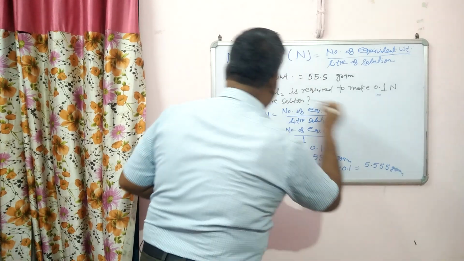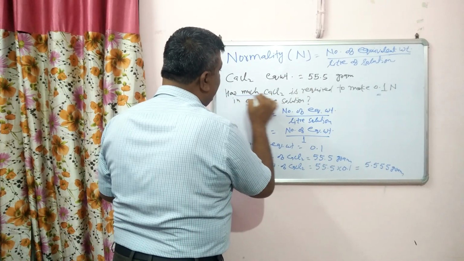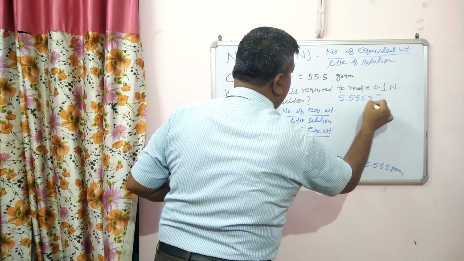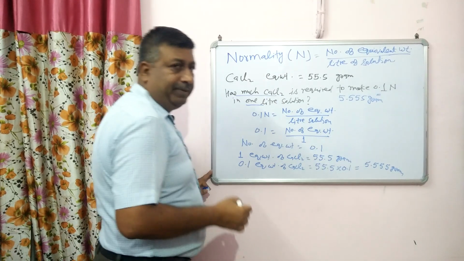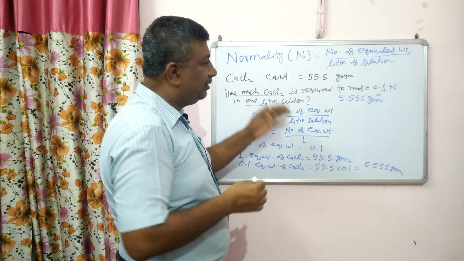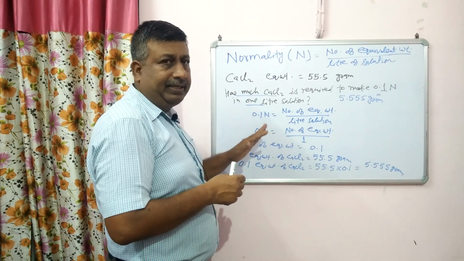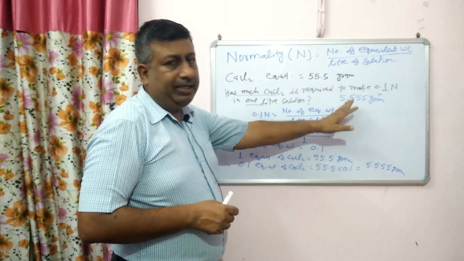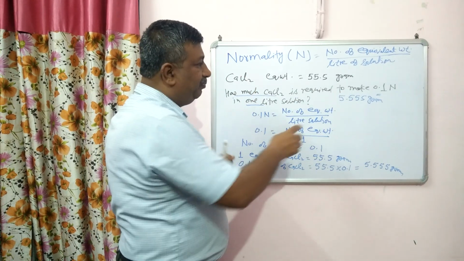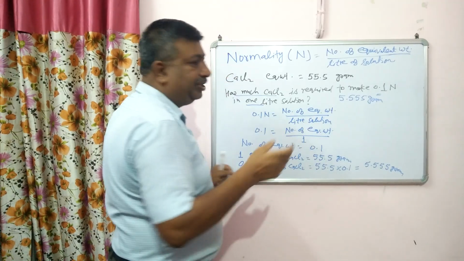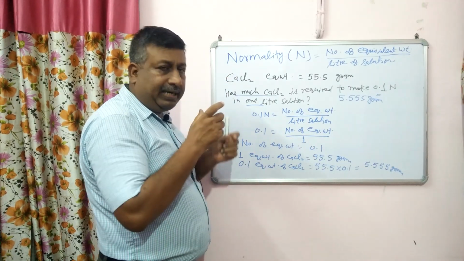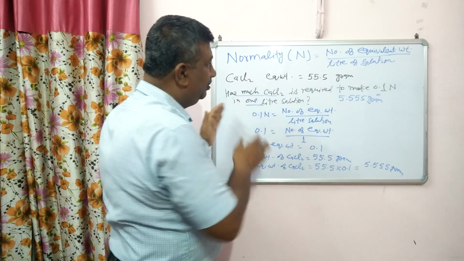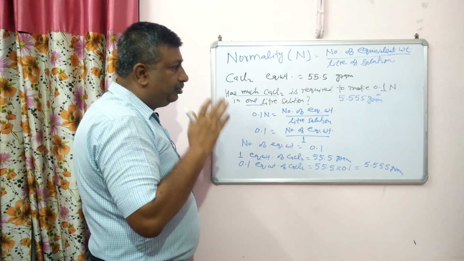So the answer to how much calcium chloride is required is 5.55 gram. It means if 5.55 gram calcium chloride is dissolved in 1 liter water, then it would be a 0.1 N normal solution. अगर हम 5.55 ग्राम कैल्शियम क्लोराइड को डिसॉल्व करके 1 लीटर का सॉल्यूशन बनाते हैं तो उसकी नॉर्मलिटी कितनी होगी? 0.1 N होगी. So this is the normality solution.